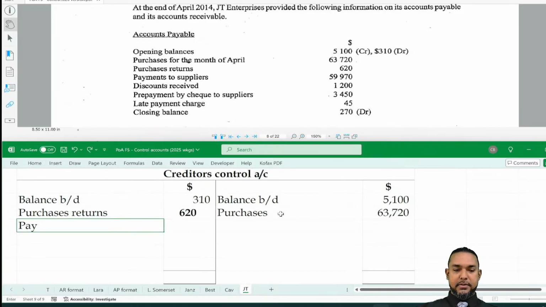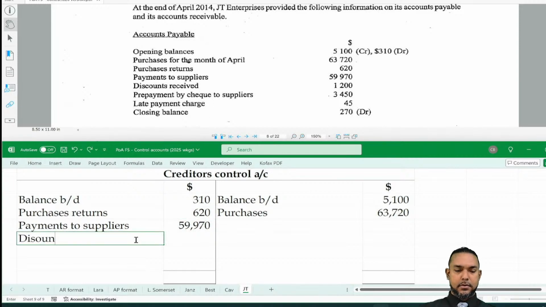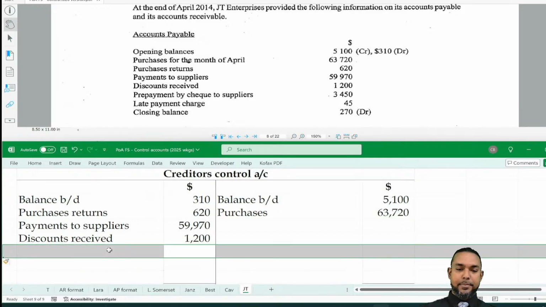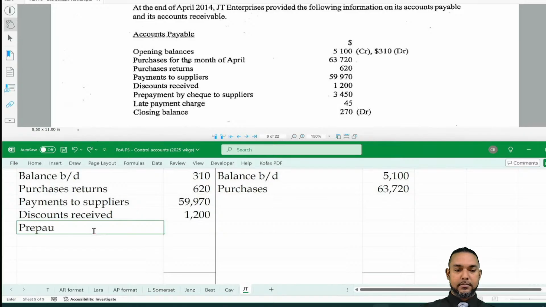Payments to suppliers, 970. Discounts received, that's 1200. Now this one, prepayment by check, is still a payment to suppliers. That still goes on the debit side.